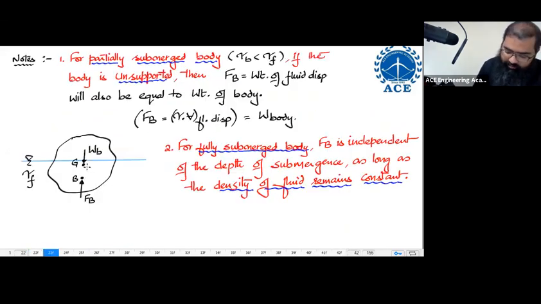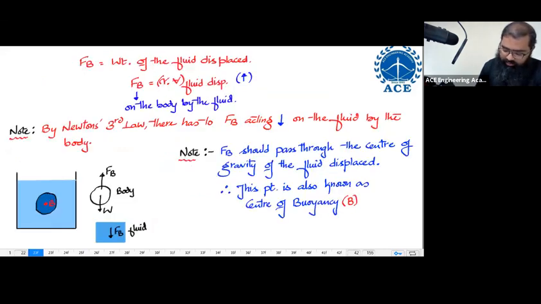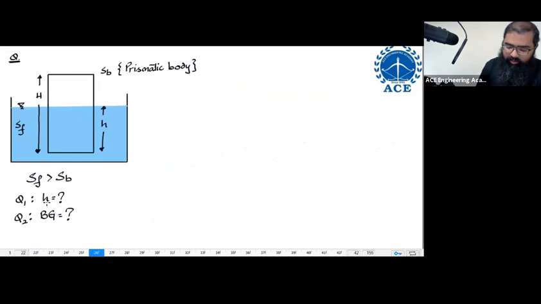This particular distance is your BG distance. So I am asking in this question, how much is the value of small h? How much is the value of BG? You are supposed to get the answer in terms of SB, SF, and capital H. This is the question we are having. Very simple question.